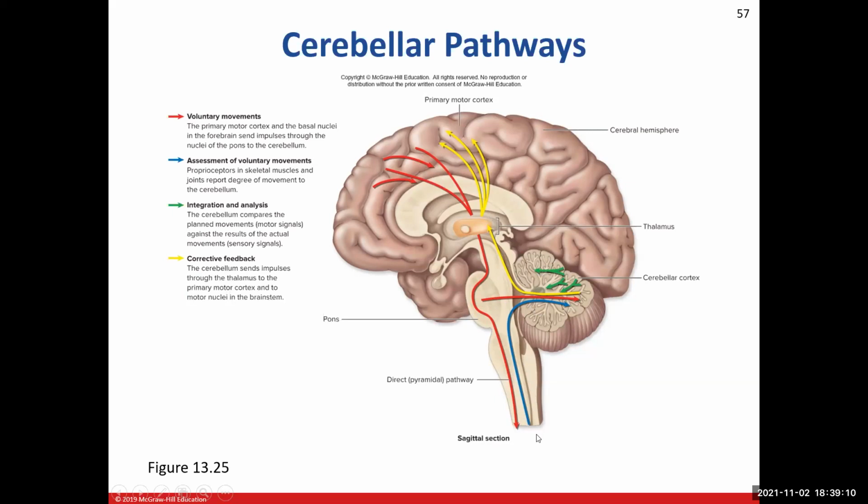Meanwhile, during this whole time, it's getting biofeedback through proprioception from the joints and the skeletal muscles near those joints and the tendons of those skeletal muscles. So there's a lot of sensory and motor input and output coming into the cerebellum and then going up and down to the cerebrum and then back down to the spinal cord.